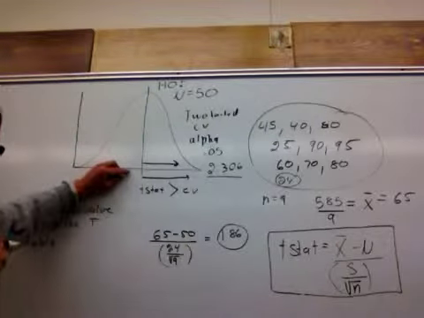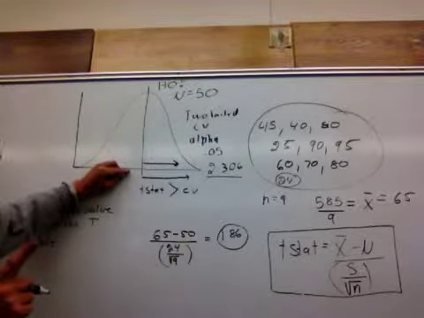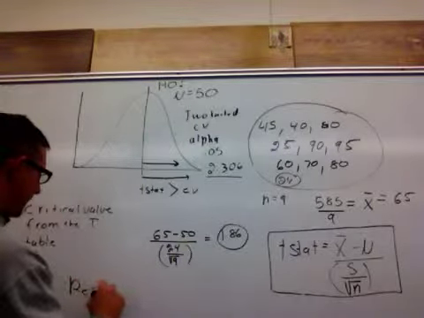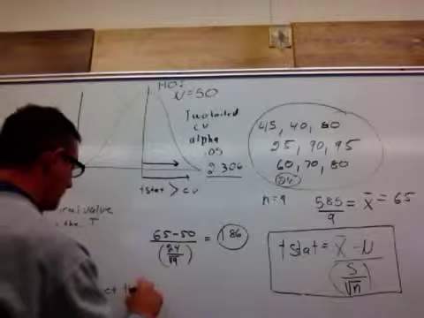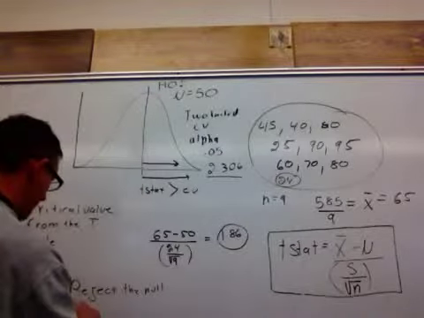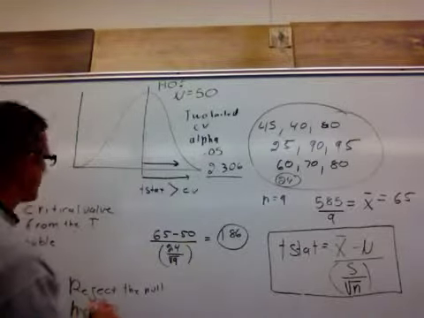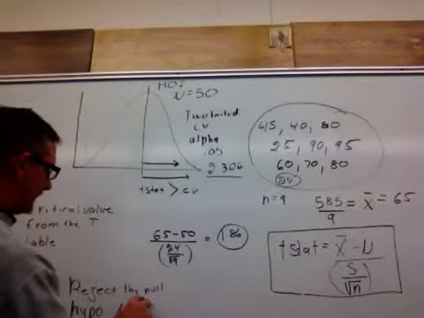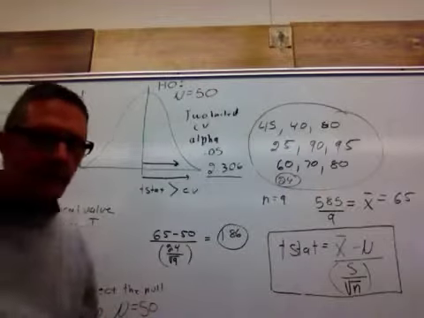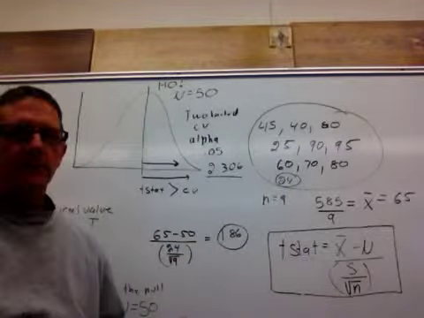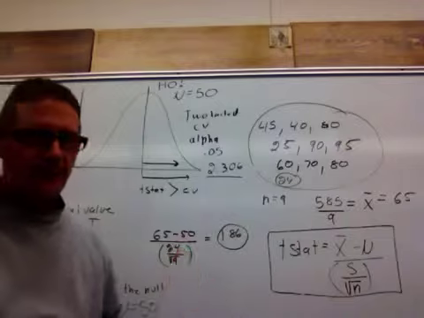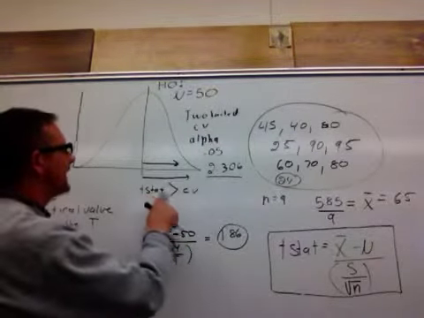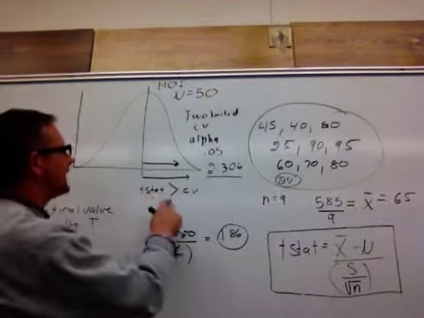If it was greater than the critical value, we could reject the null hypothesis that the population mean is equal to 50 in favor of the alternative hypothesis that the population mean was not 50. But we cannot do that because the test stat is not larger than the critical value.